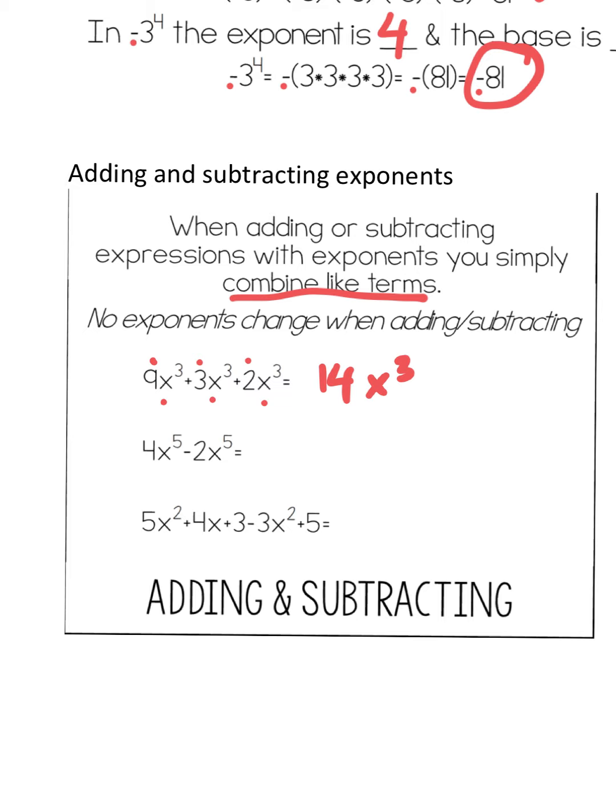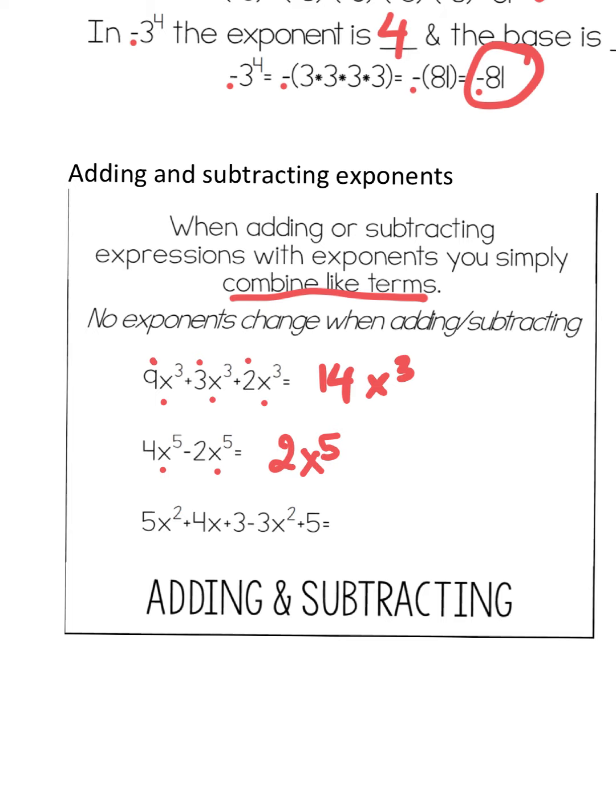All right, and then we have 4 times x raised to the power of 5 minus 2x raised to the power of 5. So they are all power of 5, so we can combine the like terms. 4 minus 2 is 2. So we have 2 times x raised to the power of 5.